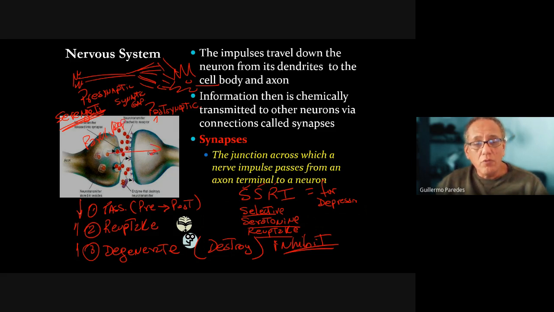So you increase the amount of dopamine passing in bigger number to the postsynaptic, or you inhibit the reuptake. So you're not going to allow the dopamine to come back. There is an enzyme blocking that reuptake, and they are going to allow more dopamine going to the postsynaptic.